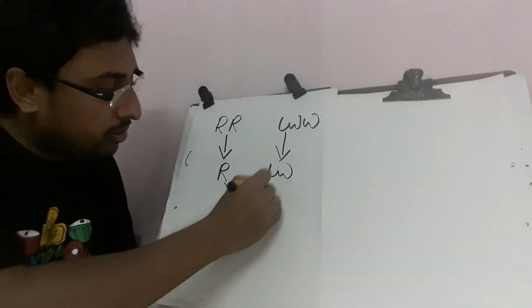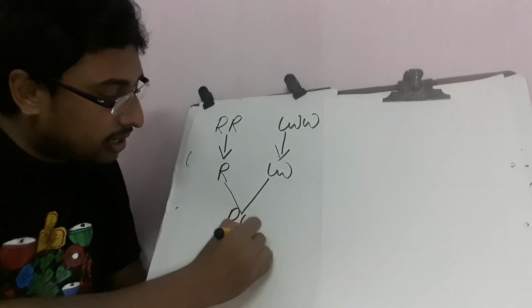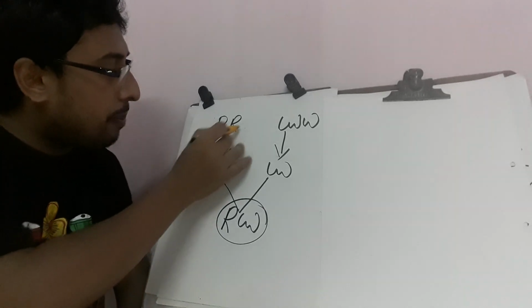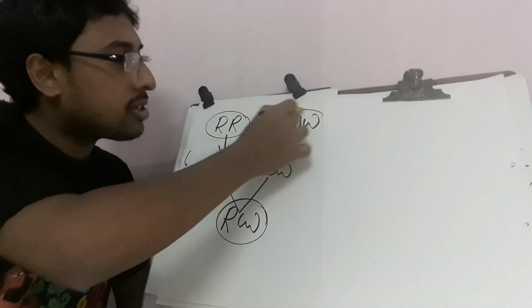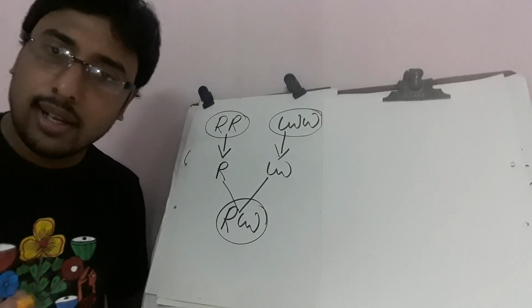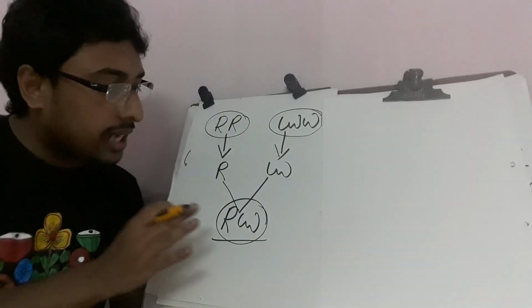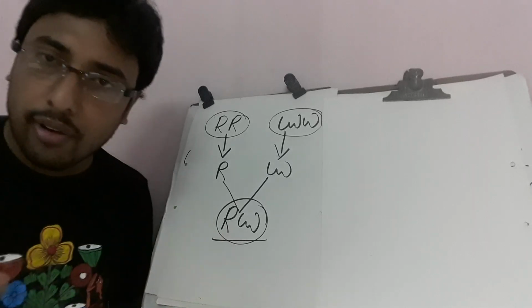When we get the structure capital R, capital W, either capital R is the dominating character or capital W is the dominating character. In that case one will be dominating, the other suppressing. Either the flower will be red or the flower will be white.